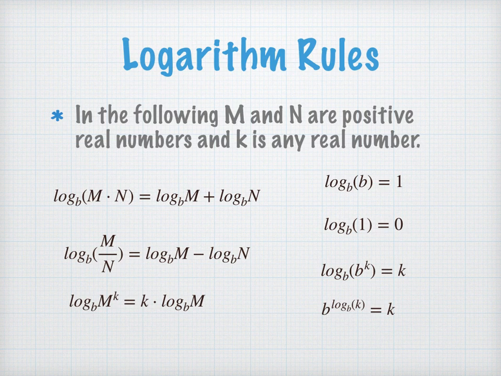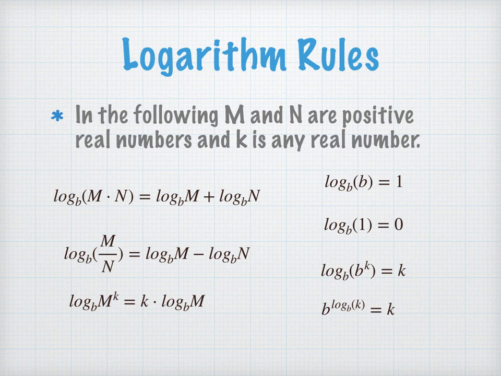This is equal to log base b of m minus log base b of n. Finally, the power rule, log base b of m raised to the k equals k times log base b of m. K can be any real number. Remember, m and n had to be positive real numbers.